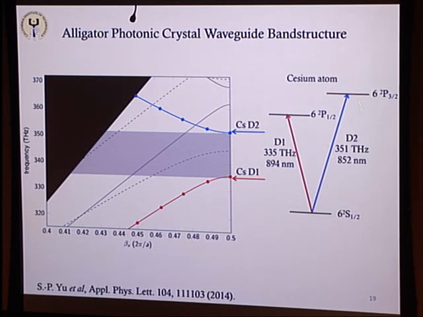Well, the atom that we're going to use is a cesium atom, and so I'll just give you the level structure. It has 2 basically strong transitions, called the D1 transition and the D2 transition, 894 and 852 nanometers. And the photonic crystal waveguide is constructed in such a way that its band edges lie between the cesium D2 and the cesium D1 transition.